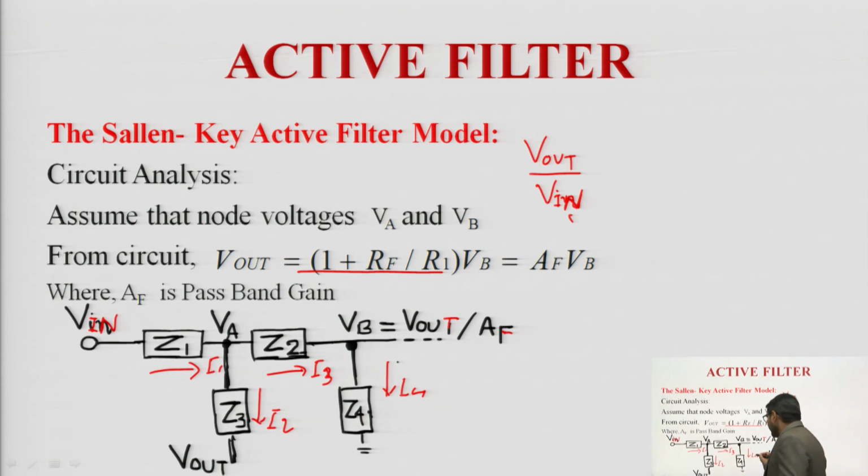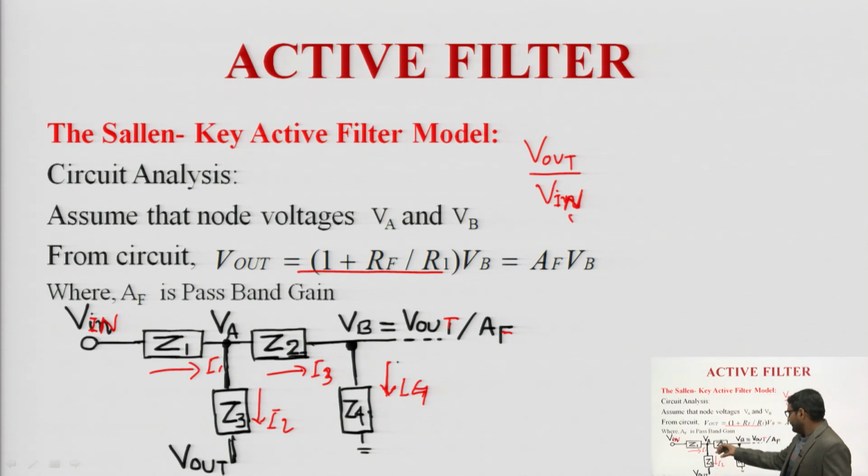Here, when we solve a derivation or a numerical of an op amp, we concentrate on the node voltages. First, in every numerical or derivation, we define all the node voltages and then try to calculate those assumed node voltages.